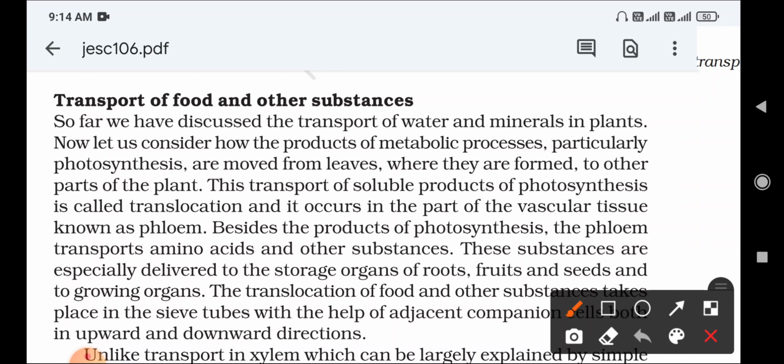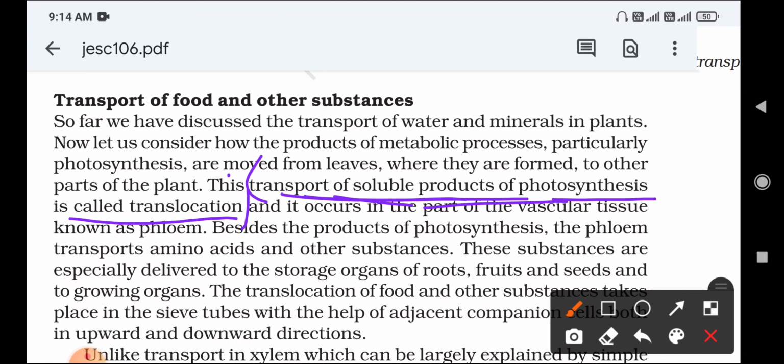The transport of soluble products of photosynthesis is called translocation. This is the simple method.